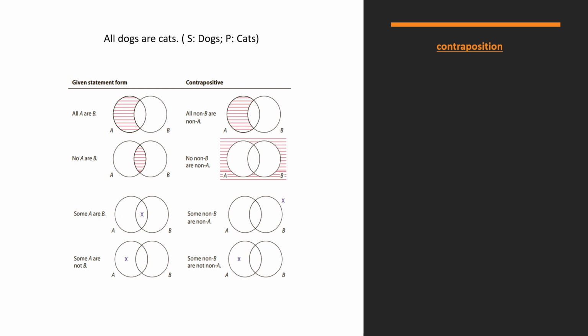But if you notice, the non-B does not exist here inside the circle because this is the B class, right? So nothing can actually be accommodated in both of these circles. And that's why the non-B's and non-A's are here, outside the circle.